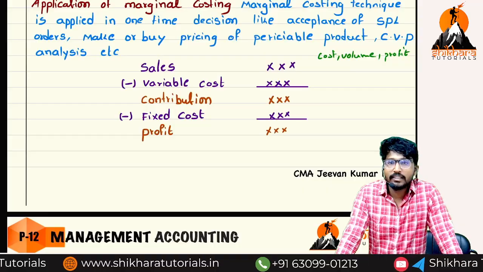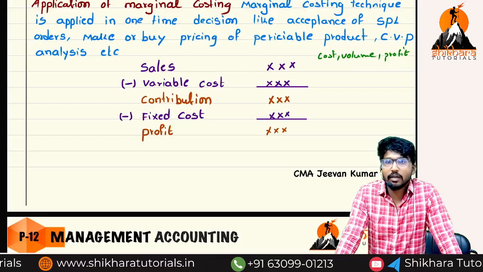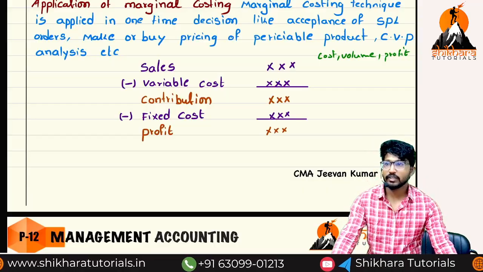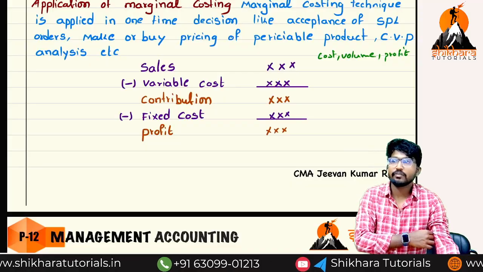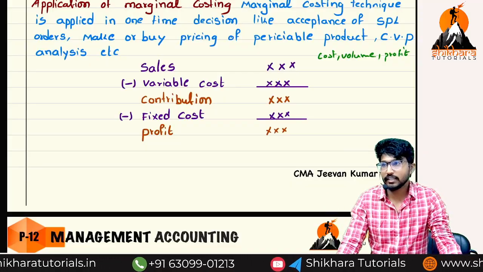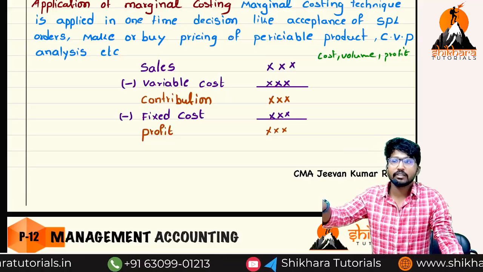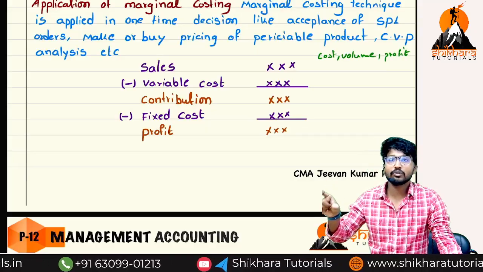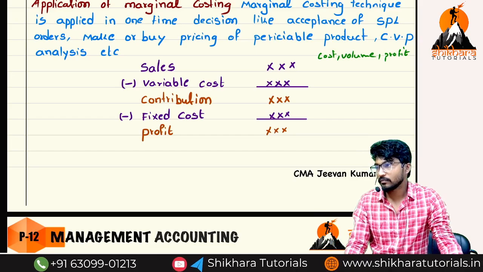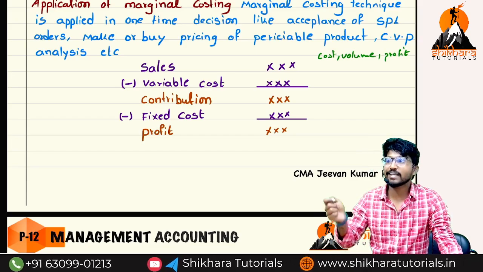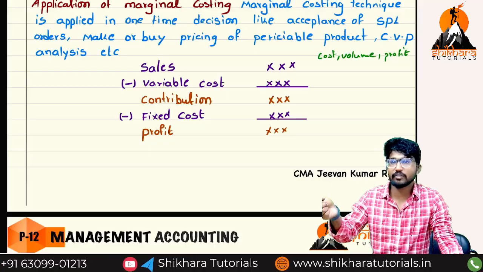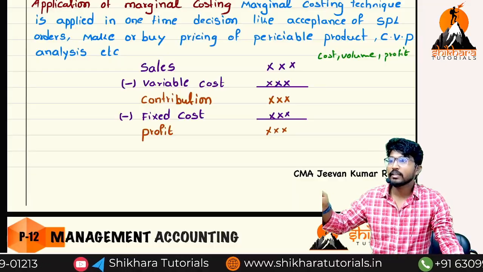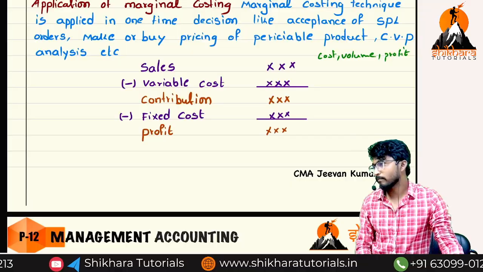No. There is one chapter called capital budgeting, where we use the discounted and non-discounted techniques, as well as time value of money. Whenever our decision period is more than 1 year, we use the capital budgeting technique, that too using time value of money.